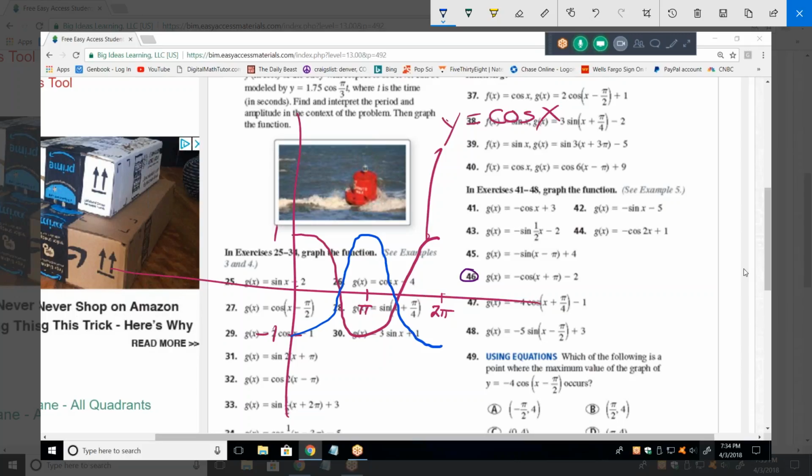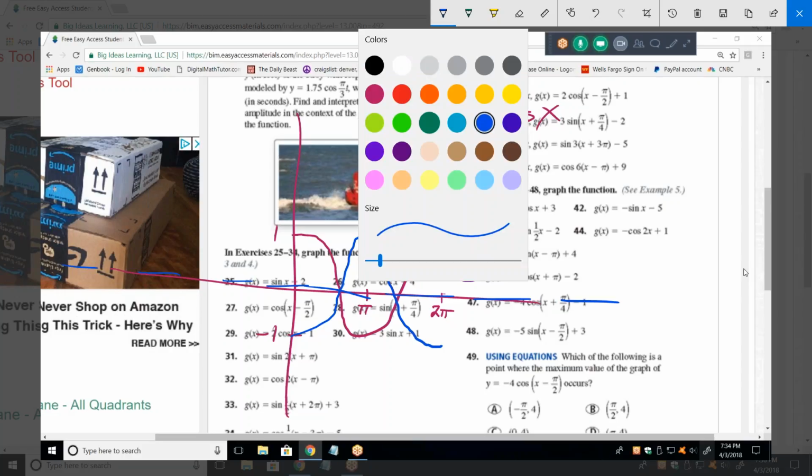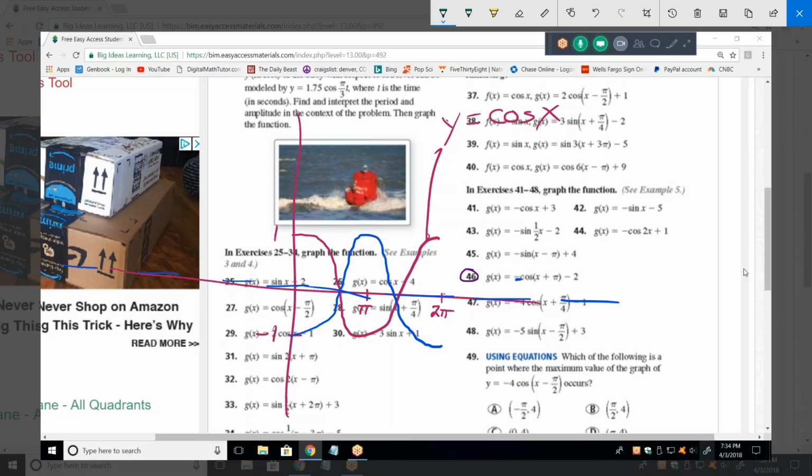takes care of that. The next thing we're going to do is move everything down 2 units. Right now, the line of symmetry is the x-axis. So in green, I'm going to move that line of symmetry down 2 units so that it's at minus 2.